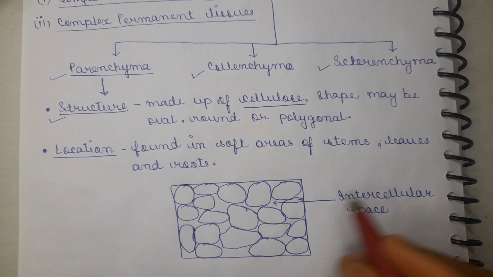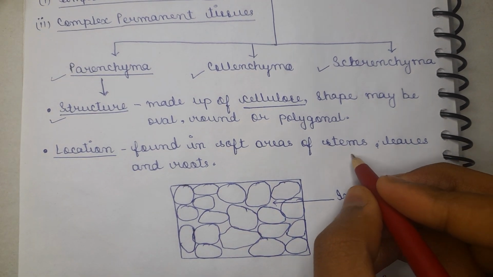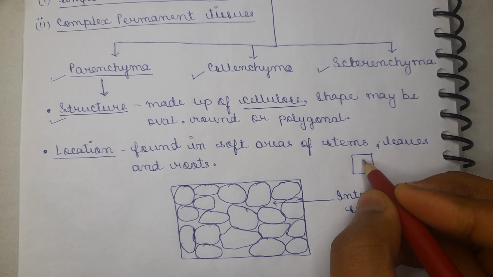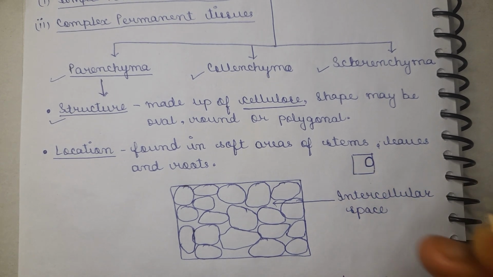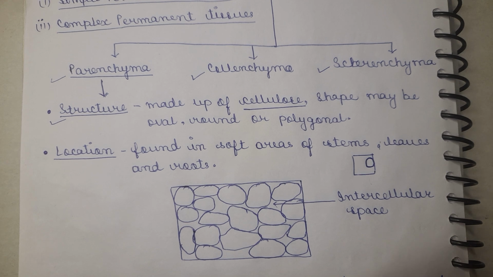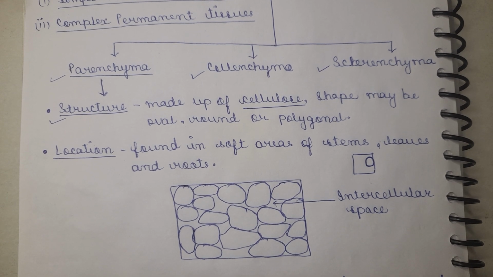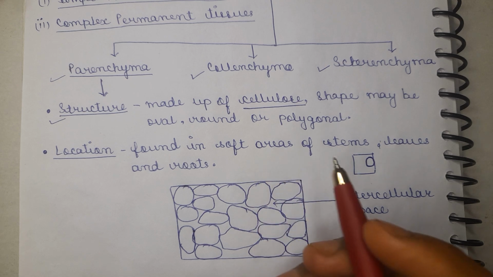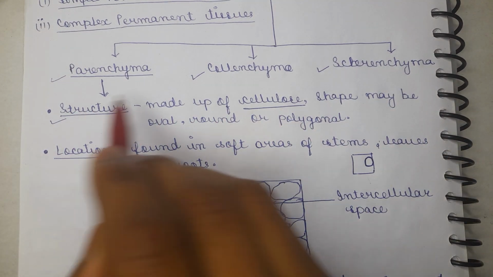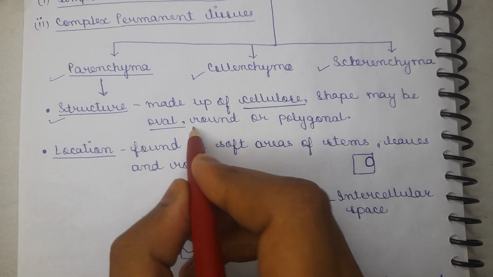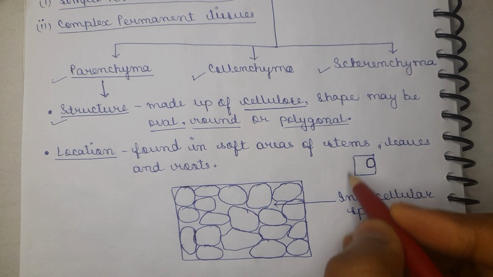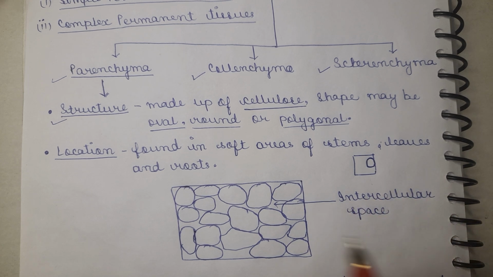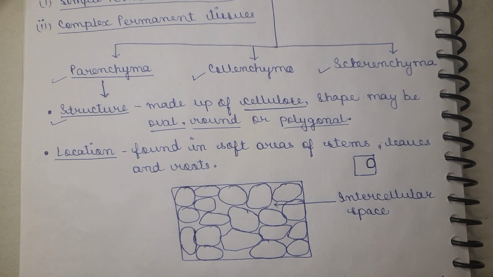One basic feature of the plant cell is that it has large vacuoles, as compared to the animal cell. The shape of parenchyma cells may be oval, round, or polygonal. We know that plant cells are basically rectangular, but animal cells are basically round.